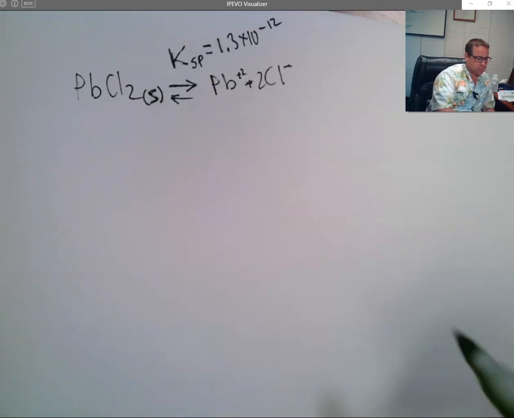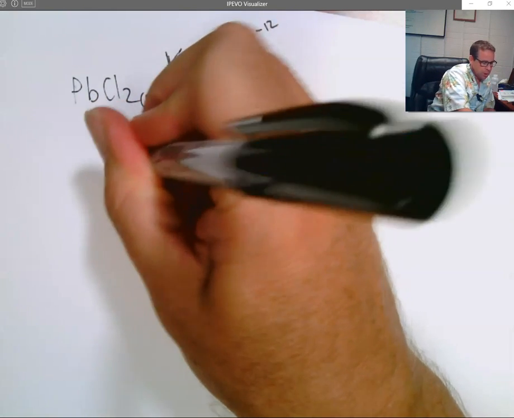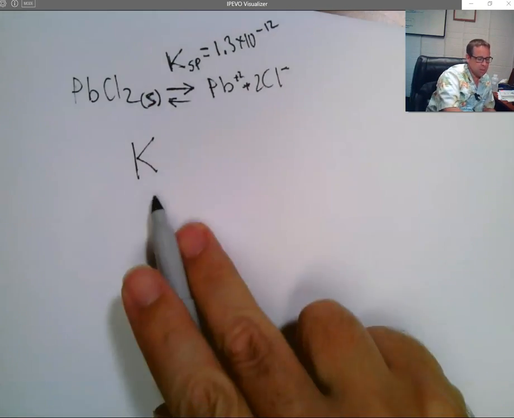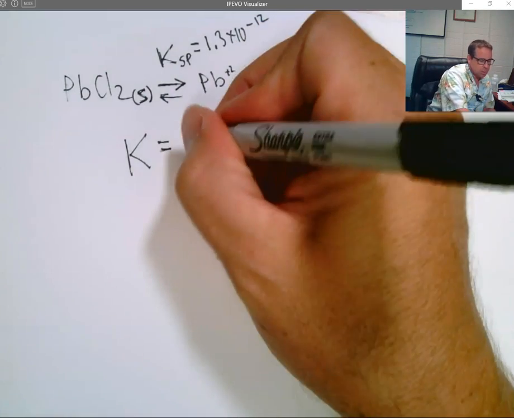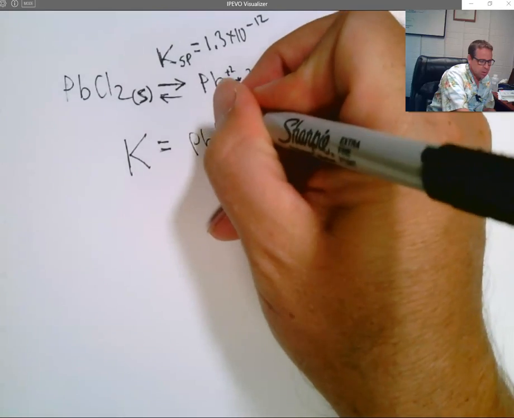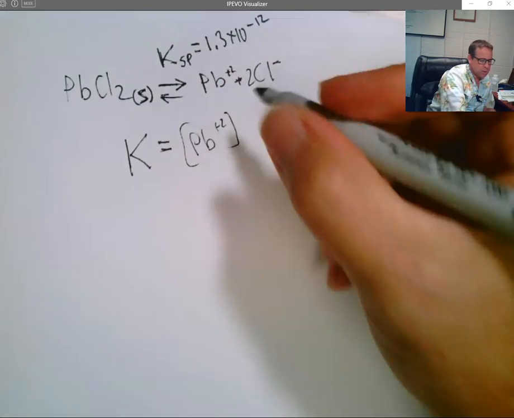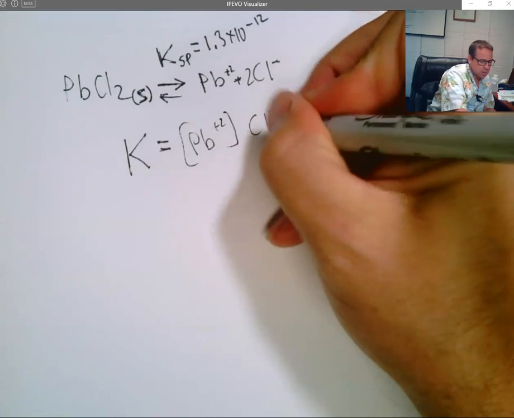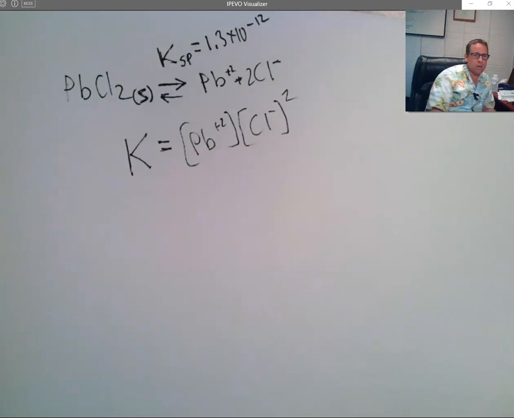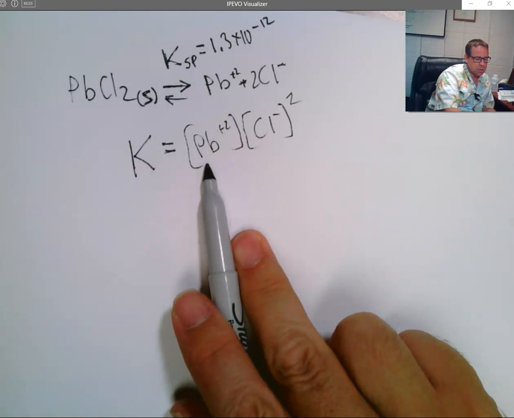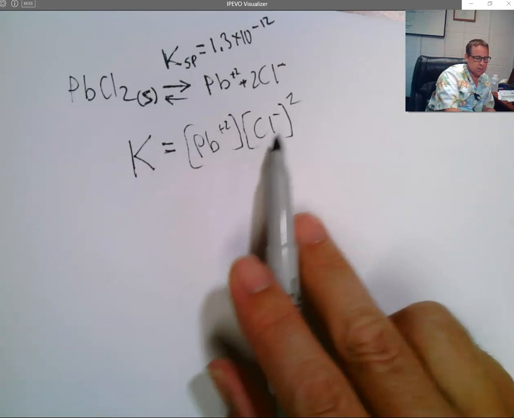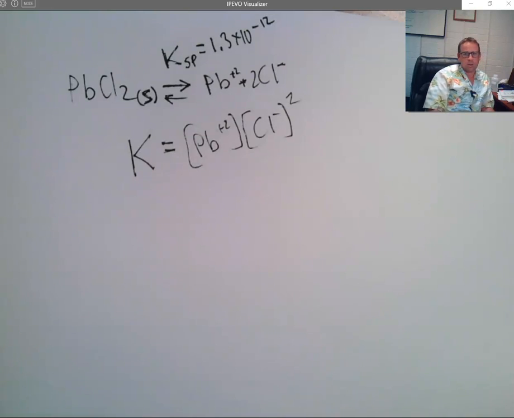Now, we know from our equilibrium discussions already what the K for this reaction will be. It will be the concentration of the products raised to their coefficients, Cl ion squared, right? That's what the K will equal to, the concentrations of our products raised to their coefficients.